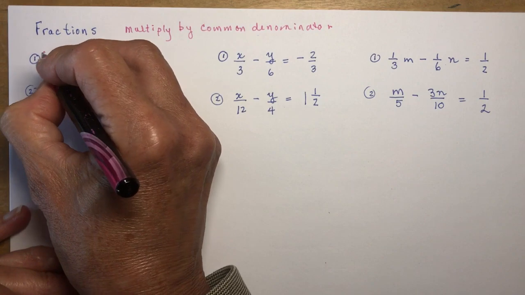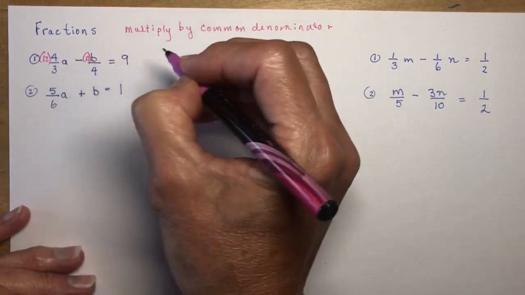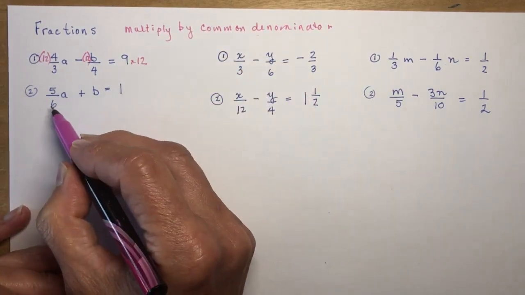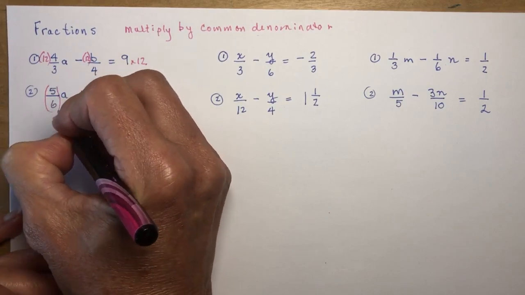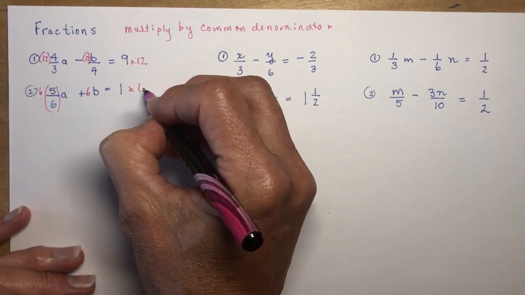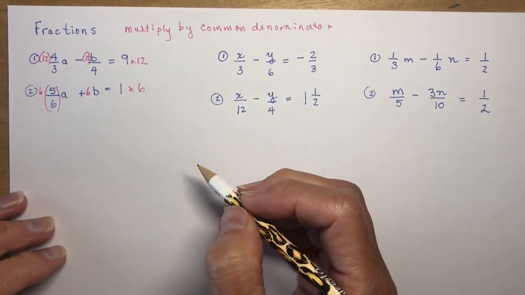Let's see if I can squeeze that in here. I'm going to put a 12 here, I'm going to put a 12 here, and I'm going to put a 12 here. And this one, to get rid of the 6 in the denominator, I'm going to multiply by 6, this times 6, and this times 6. And there we're going to have nice, easy to work with.